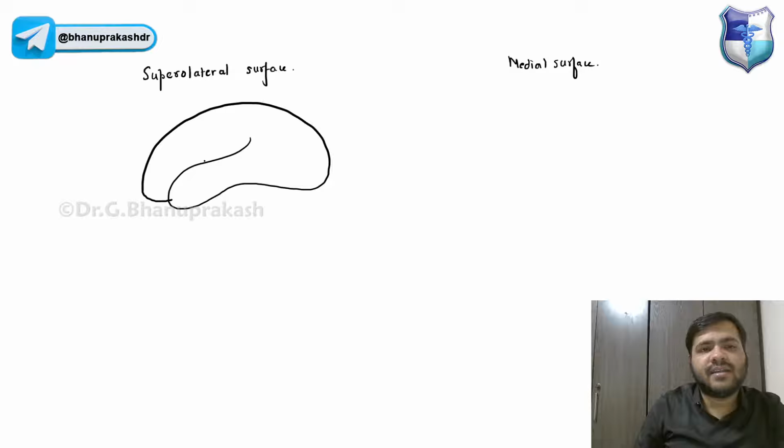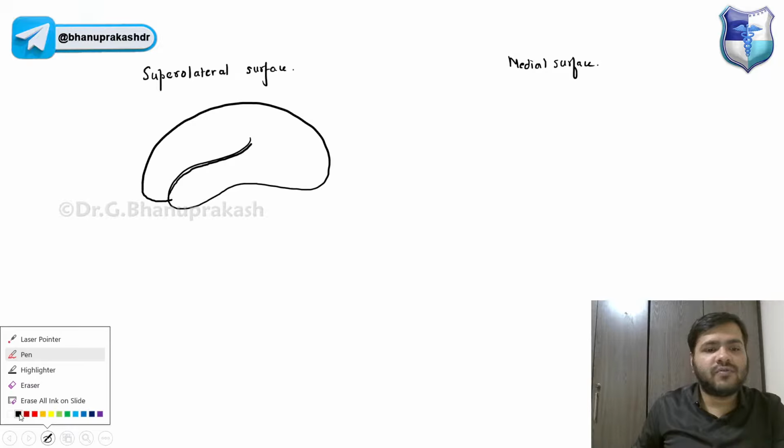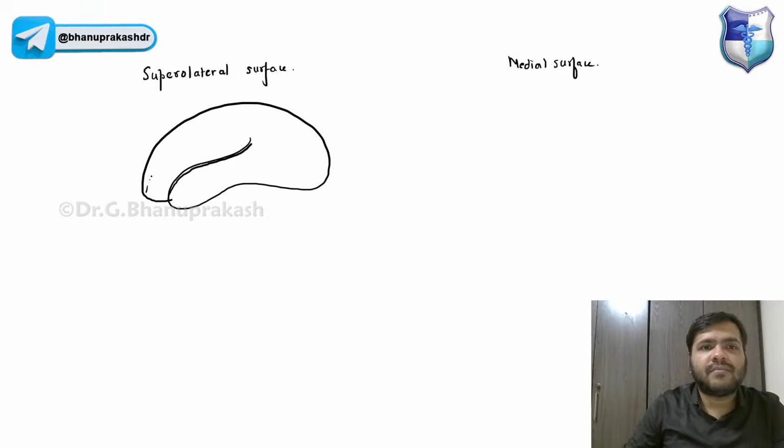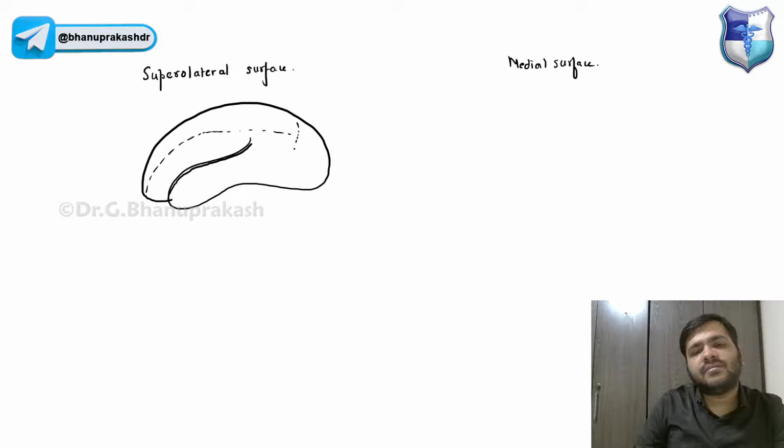You already know the lateral sulcus, and especially this is the Sylvian sulcus because it is the posterior aspect over here. Remember that. Just to show you the superolateral surface, which area is supplied by what?